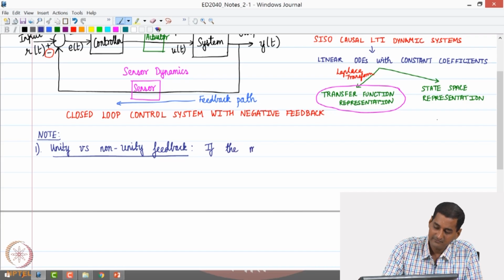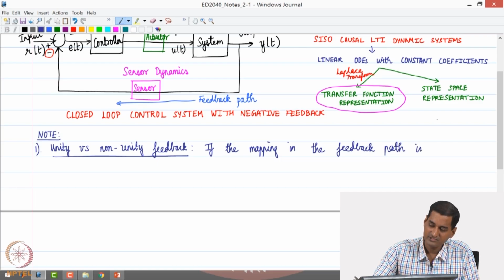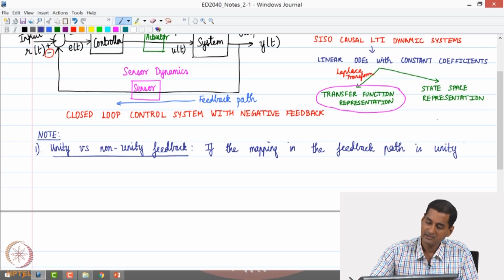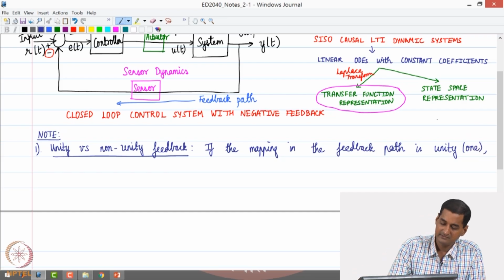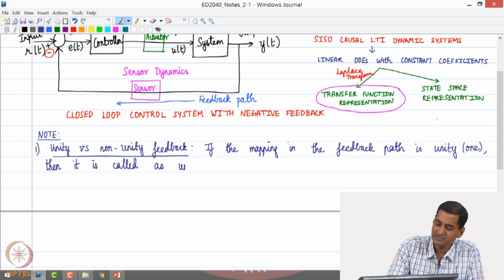If the mapping in the feedback path is 1, okay, is unity or 1, then it is called as unity feedback. If not, it is called as non-unity feedback, right.